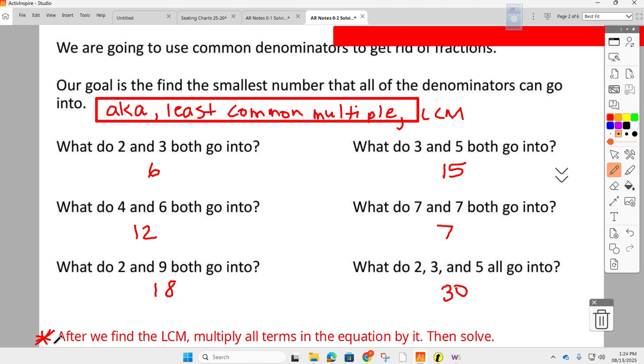Multiplying by fractions is easy. Adding and subtracting fractions is the time-consuming, tedious part. So we are going to multiply by a number, and then the fractions will be gone. So you're writing, the only things that you had to add were this, and the numbers.